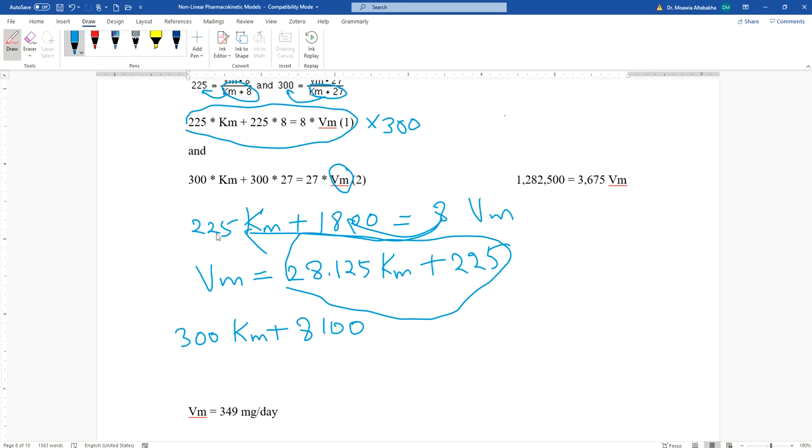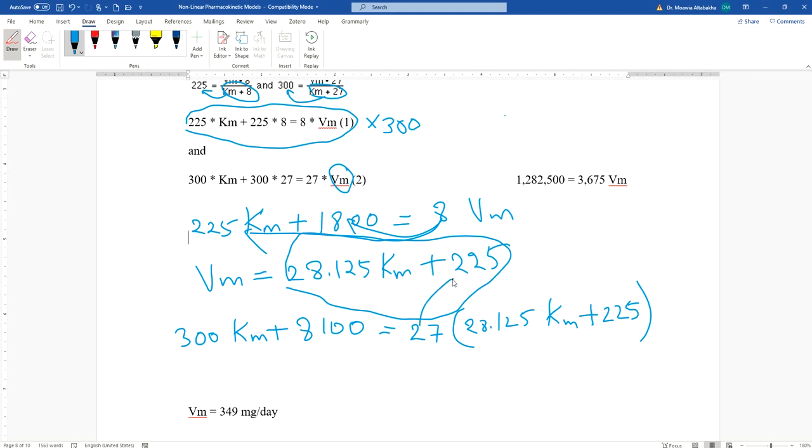Okay. 8,100 now is equal to 27 multiplied by VM. Now what is VM? I will substitute this one. Instead of VM I will use this one, which is 28.125 Km plus 225.